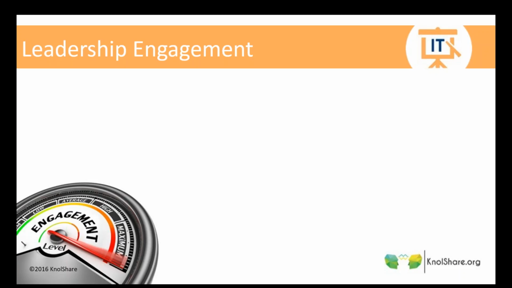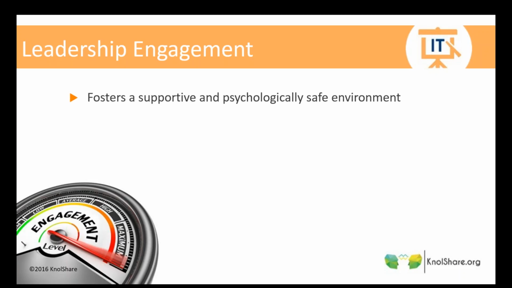So one thing that they can do is to foster a supportive and psychologically safe environment where people can say and share new ideas as much as they need to. They're open to entertaining different points of view where people could really share new ideas and new concepts, and they're not shut down immediately.